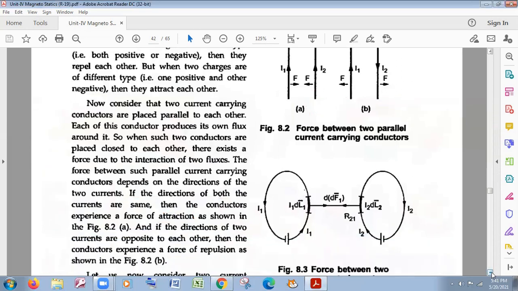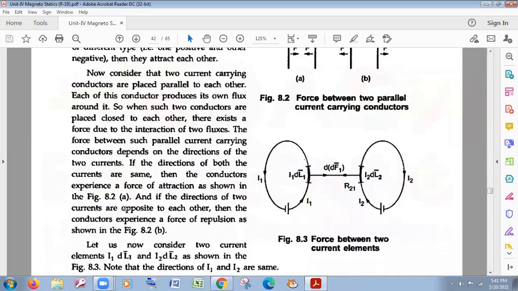If the directions of the currents in the two conductors are opposite to each other, then the conductors experience a force of repulsion. When the directions of currents are the same, there is a force of attraction; when the currents are opposite to each other, the force of repulsion. Got it, my students?